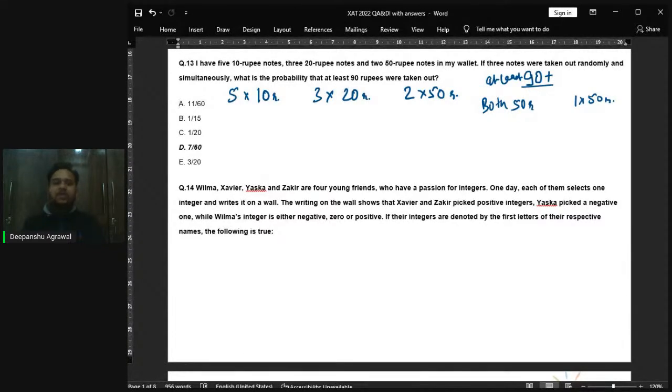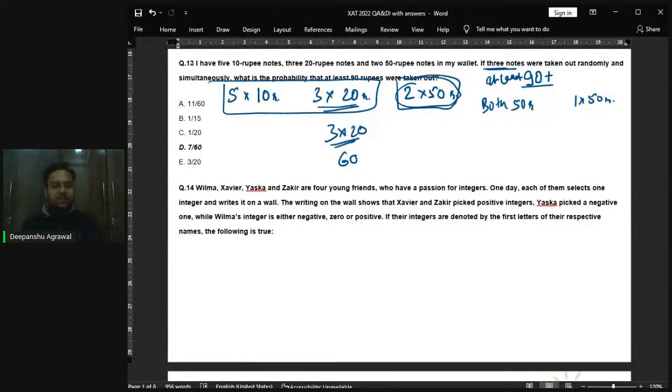There cannot be any situation where we don't have any 50 rupee note, because if three notes have been taken out, if we take the maximum number out of 10 and 20, then also three notes of 20 each will make only 60 rupees. So at least we should have one note of 50 rupees. That's the only way we will be able to make the sum greater than 90. Correct?